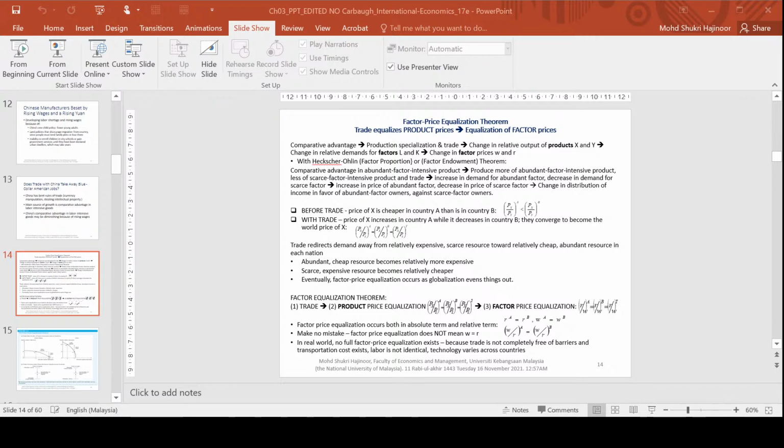Don't need to go to New York just to get a better salary. No need to go to Singapore. No need to go anywhere in the world. Just stay here and work here in Kodiang. Why? I learned, son, from the Stolper-Samuelson theorem. Prices of factors would equalize no matter where you are. You will get the same salary, based on absolute terms or relative terms, relative to the interest rate, the same all over the world.